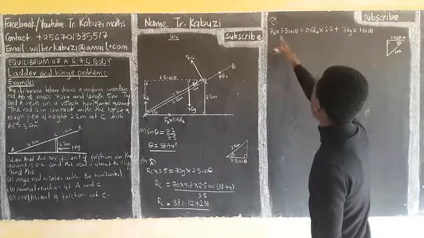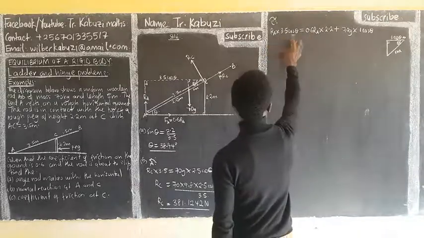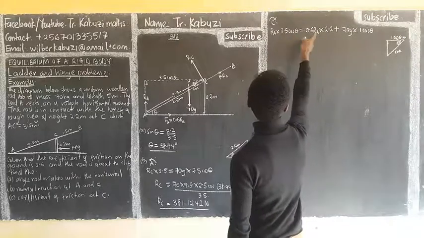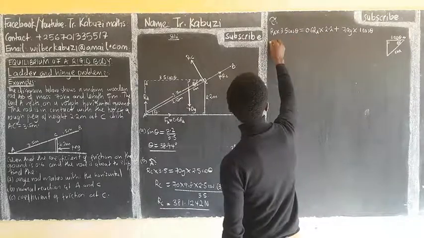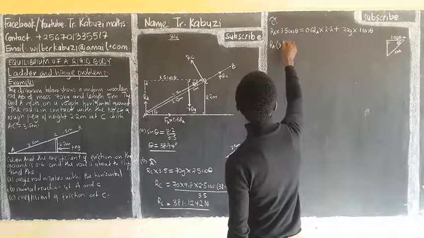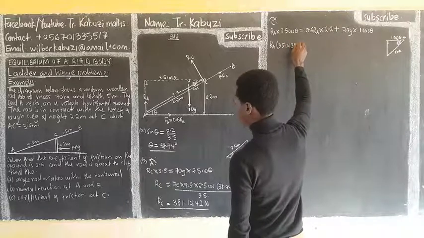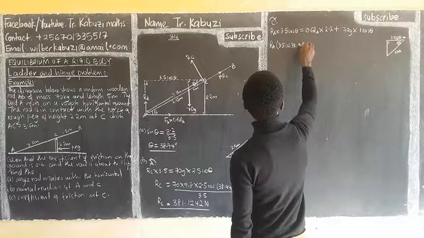Then beside the RA, I take everything beside and I factorize out RA. So when I take this side, I'm going to be having RA into, remaining with 3.5 cos 38.94.